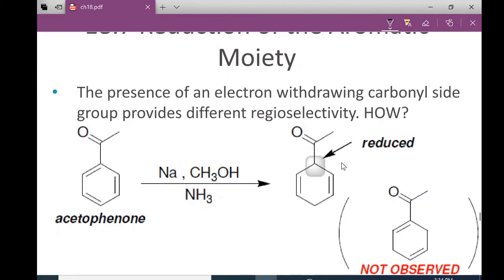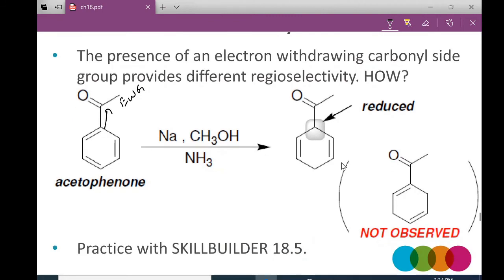Okay, but if you have an electron withdrawing group, like in the case of acetophenone, what we see is that we do reduce at the carbon bearing the electron withdrawing group, and we don't reduce at the carbon adjacent to it.